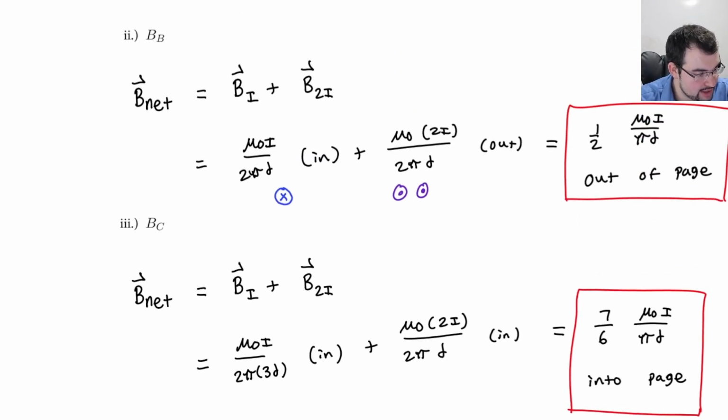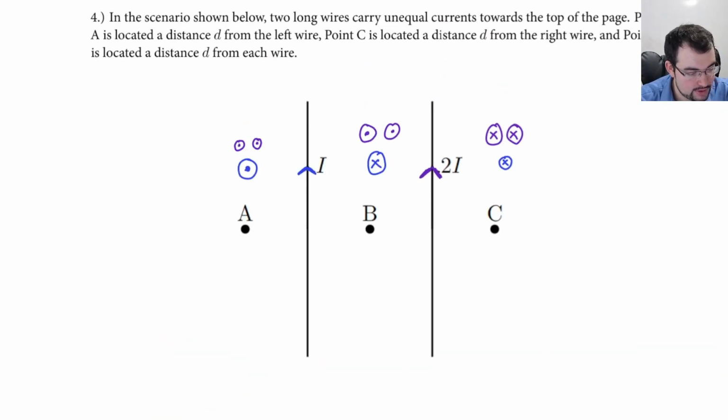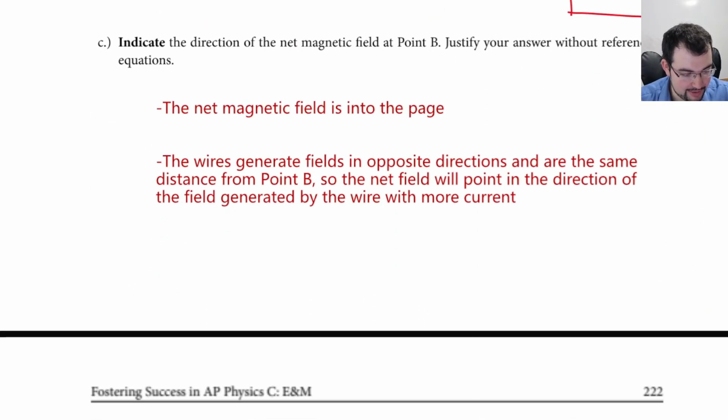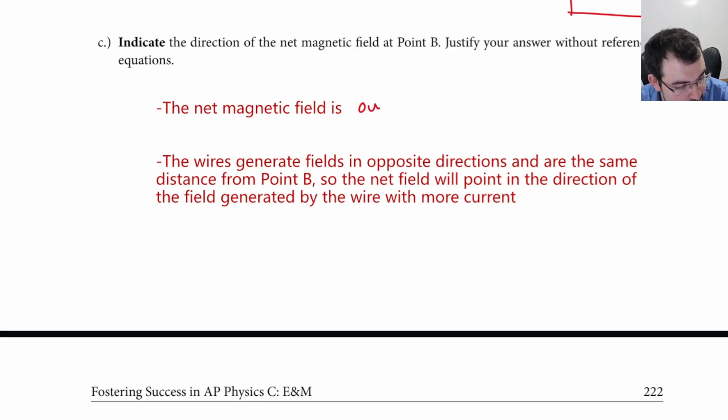Well, clearly it is out of the page because the B field generated by the bigger wire at point B is out of the page. So yes, there's some canceling, but we know that since the 2I wire has a greater current and the distances are the same, its field will end up winning.